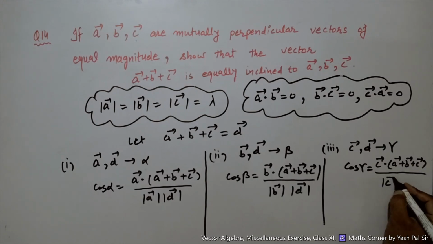Divided by magnitude of C into magnitude of vector D, right?